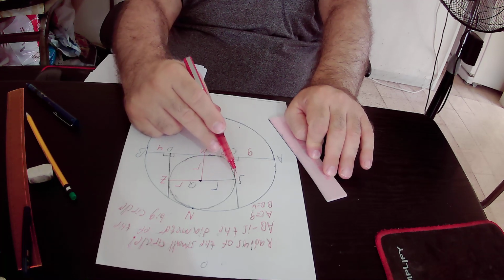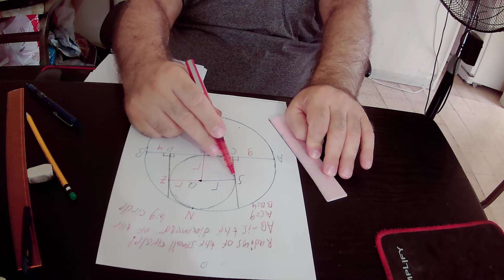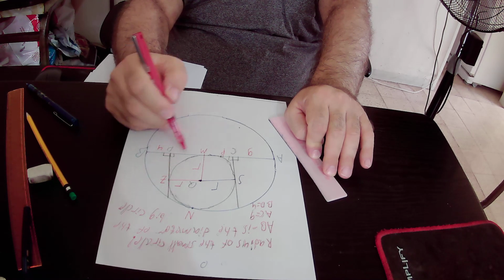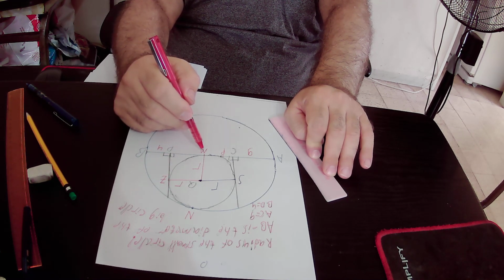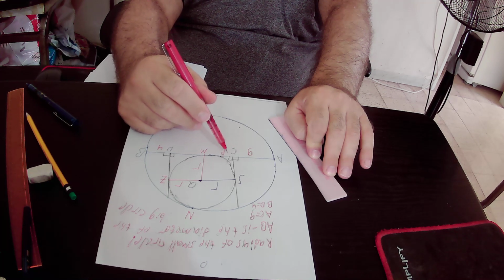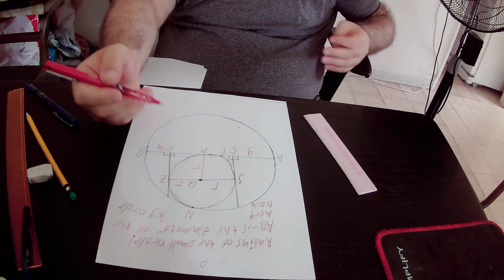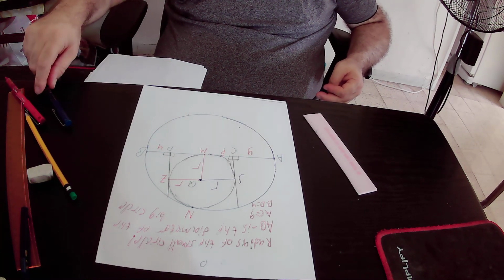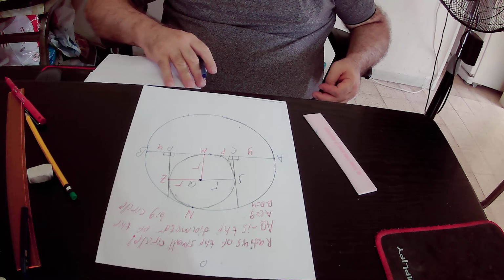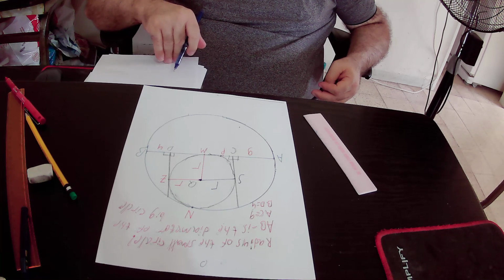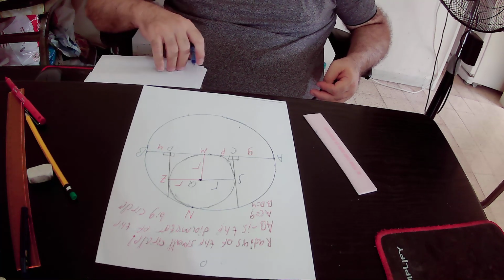This is the first tangent point between the circle and its tangent, point S. Point Z is the second tangent point between the circle and this tangent, and point M is the third tangent point between the circle and this tangent. In the next step I will present you a rule.